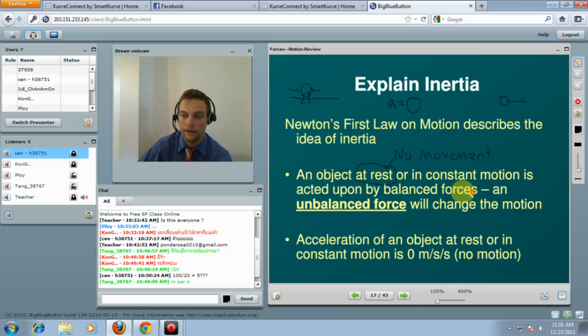In the second part he says an unbalanced force will change the motion. That means this is where acceleration comes in. So A equals 0 for this first part, and then after this, A is greater than or less than 0.